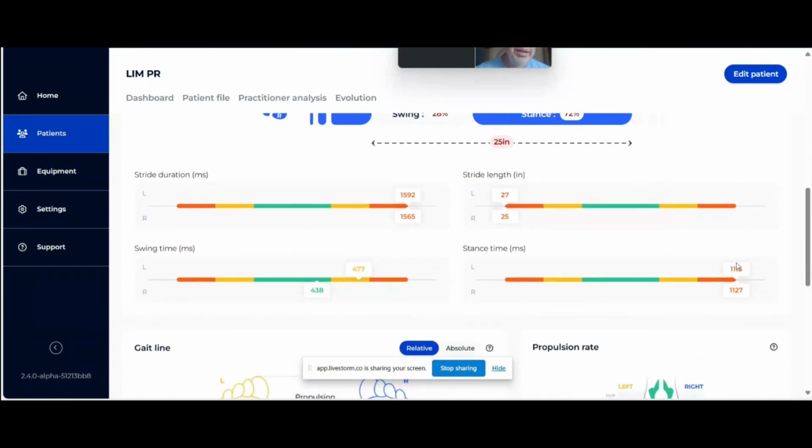And that is going to be correlated here, that the actual stance time based on her ground contact time relative to that overall duration of stride length and her cadence is, again, still exceedingly long. And we do tend to see that in patients that have diabetes and peripheral neuropathy.